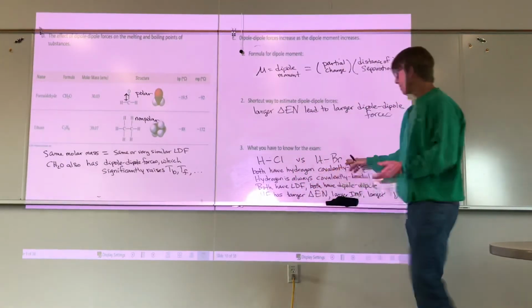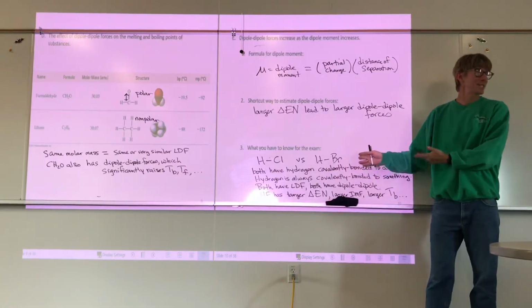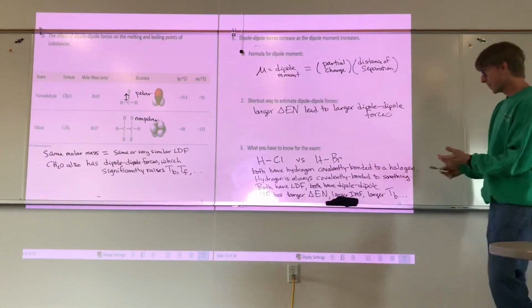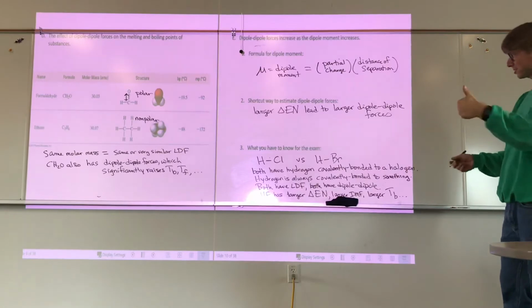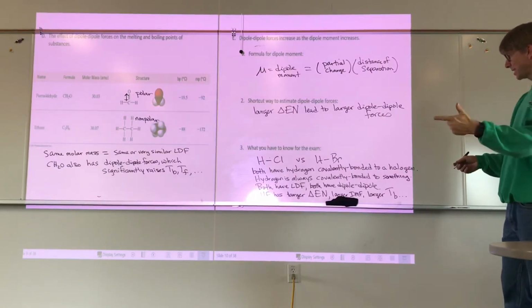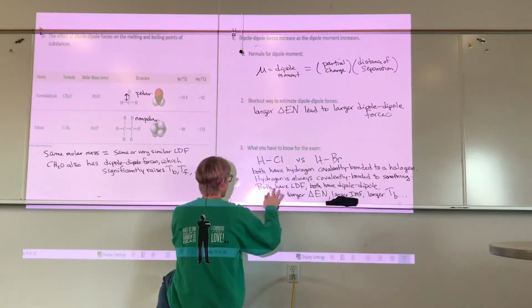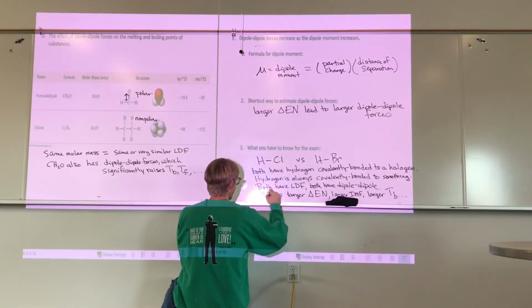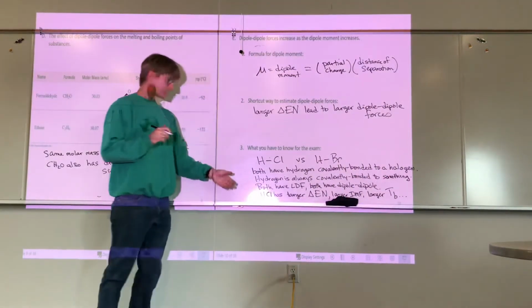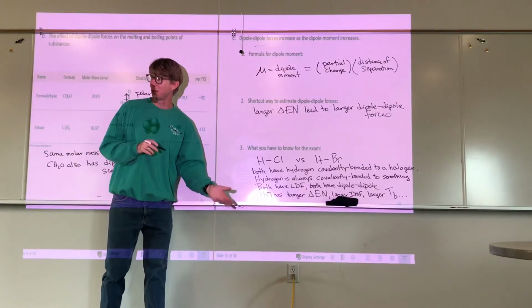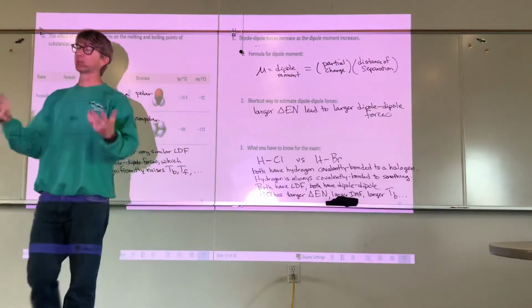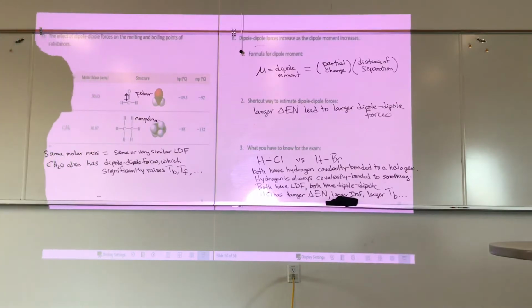Let's just call it HBr though. It's still a halogen, so everything works. Hydrogen always covalently bonded to something, still true. Both have LDF, both have dipole-dipole, but now HCl has the larger delta En. I'm sorry about that. I don't want to introduce hydrogen bonding.